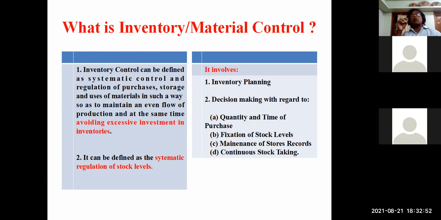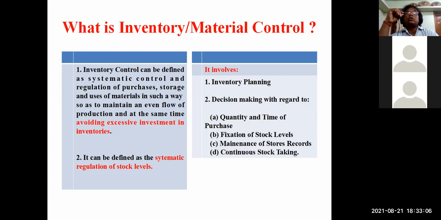You have to take a lot of decisions, like when to purchase the material, how to purchase it, how much to purchase, from whom to purchase, and which quality to purchase. All these decisions you regularly take in a company. So this is actually a matter of inventory or material control.